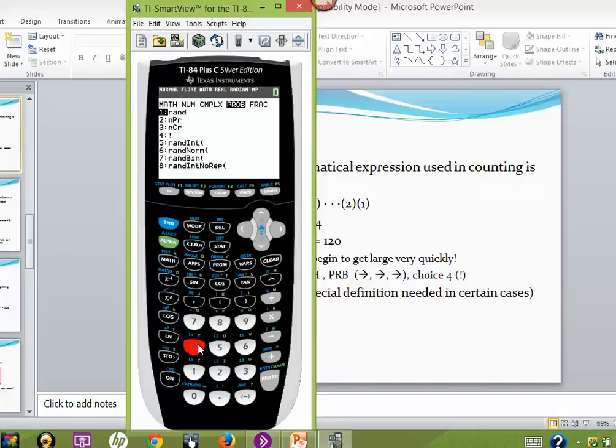So I'm just going to hit 4 here, and it inserts that exclamation point. Notice that I also had to, at first, put in the number I was going to find the factorial of first, and then we hit enter. And we can see that by the time we get to 10, we are at 3,628,800 is 10 factorial. So these numbers get exponentially large very quickly.